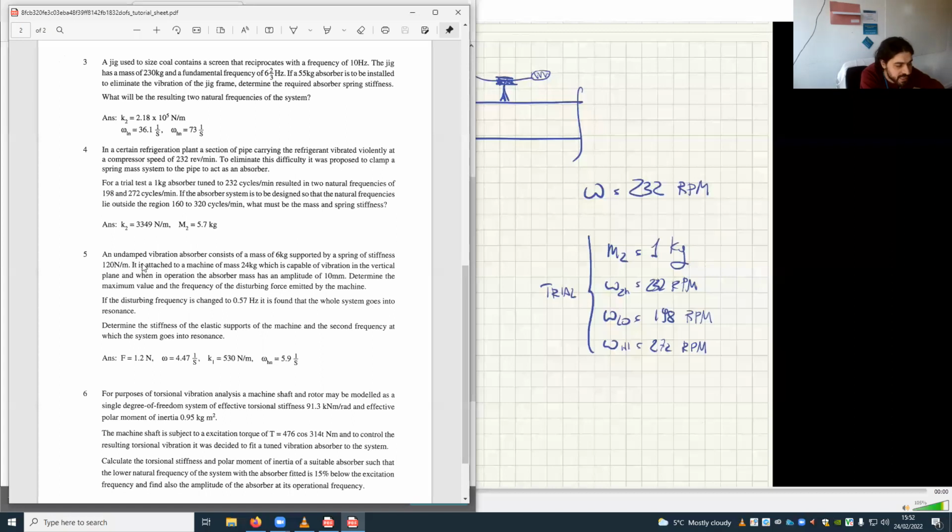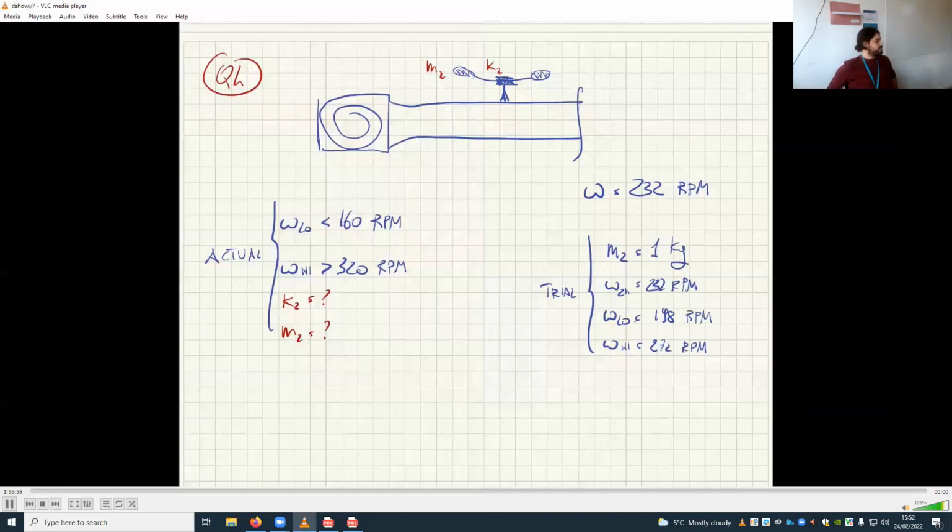And we need to find K2 and M2. Okay, so that's what I'm looking for. So I have to apply the equation twice, basically: first for the trial absorber, and then to find the actual absorber.